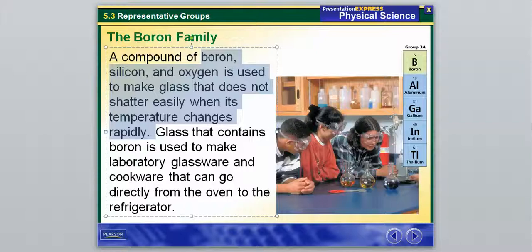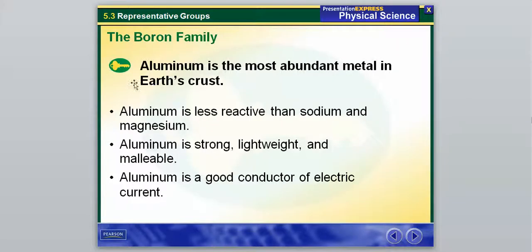But if you do much cooking, or work with lab equipment in the chemistry classroom, that is most likely going to have boron in it, because if it did not, it would shatter too easily if the temperature changes. That is one of the useful uses of boron. And we'll probably dive more into aluminum. I thought this presentation had more about aluminum, but we'll dive more into it in class.